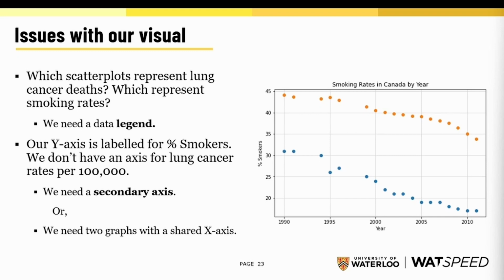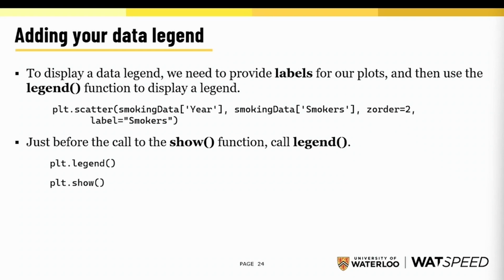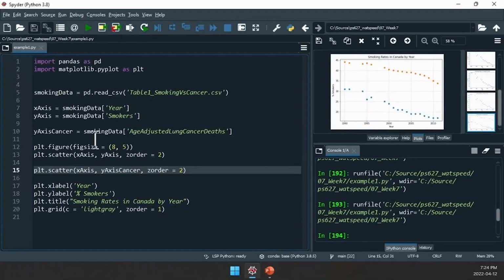Well, let's address the first issue, the data legend. And this is an easy one. To display a data legend, first we provide labels for our plots, and then we call the legend function to display our legend. So let's try this.